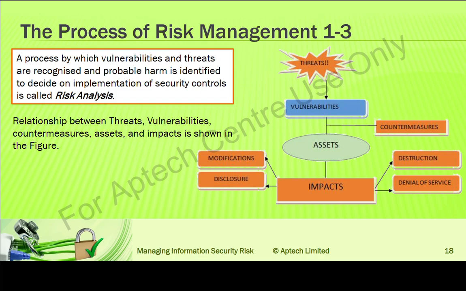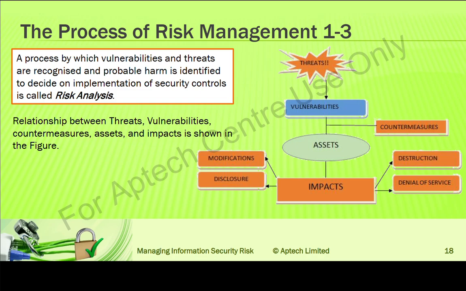The vulnerability is the flaw, while the threat is an unwanted circumstance that can damage the organization or infrastructure if the vulnerability is exploited. Together with the probable harm identified, this leads to the decision on the kind of security control we are going to implement. That is what we call analysis.